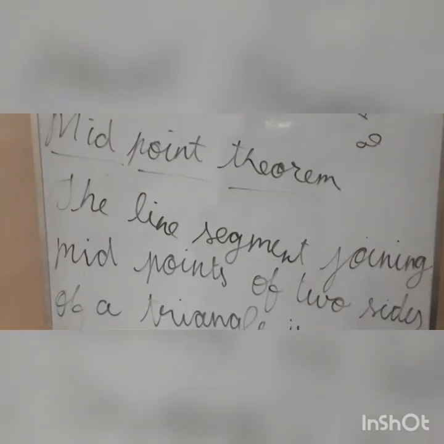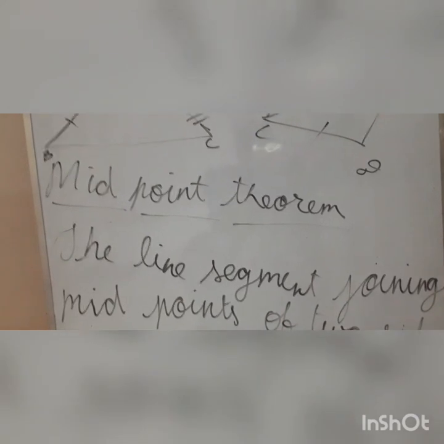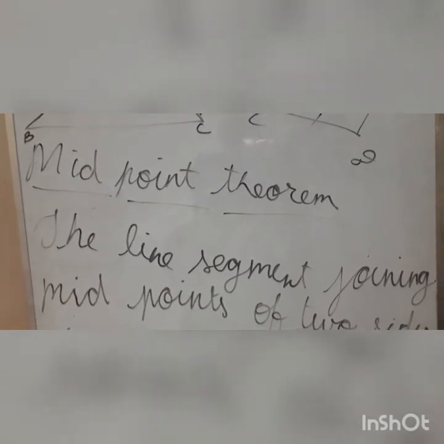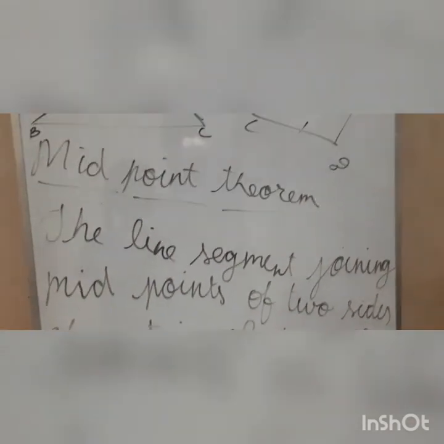The line segment. So what is meant by a line segment? We have already studied in chapter 6 that a line with two endpoints is known as a line segment. You already know that, right?